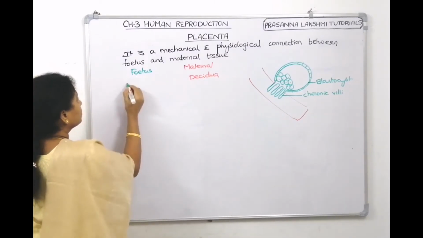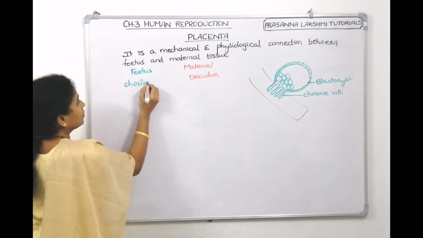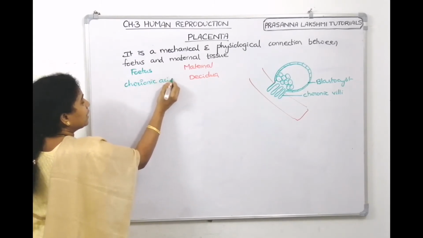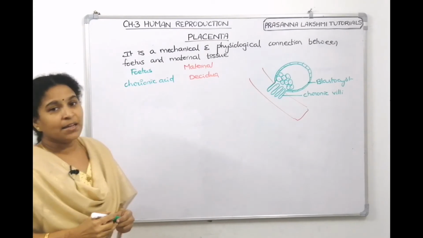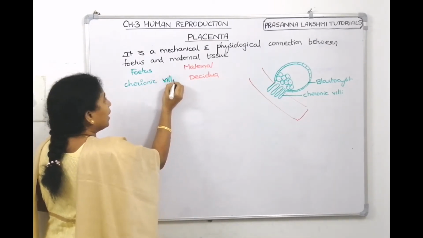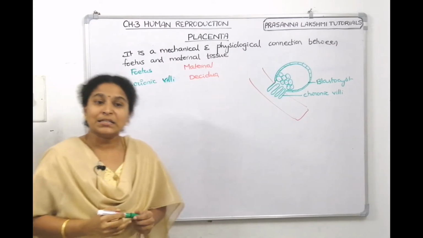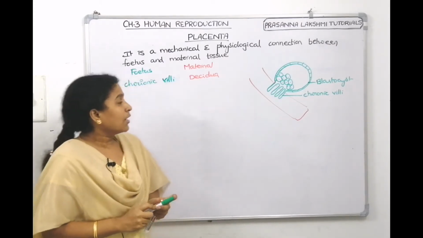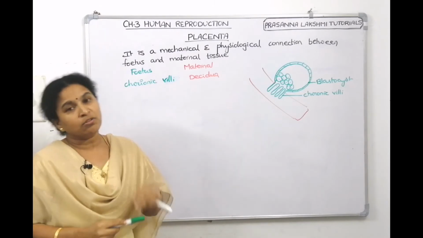We already wrote, the fetal part is called chorionic villi, and the maternal part is called decidua, right? Now, decidua is divided into three portions.